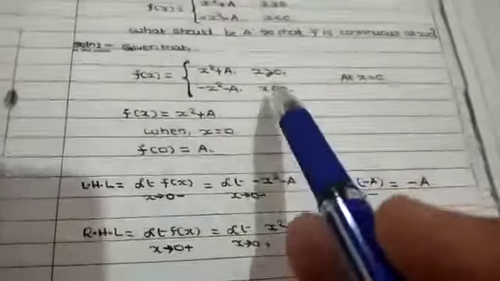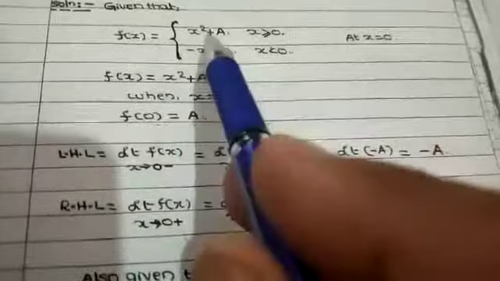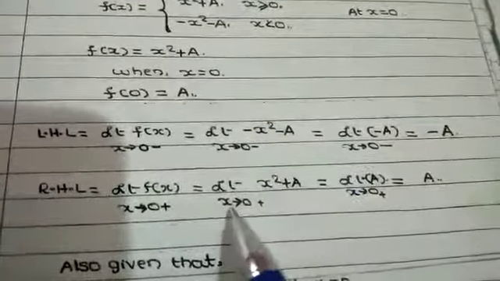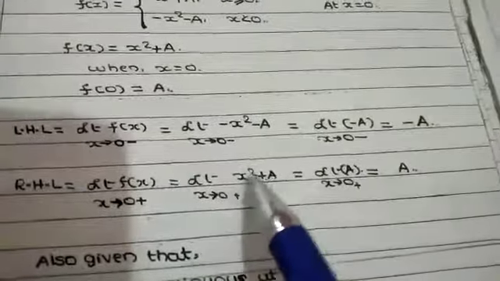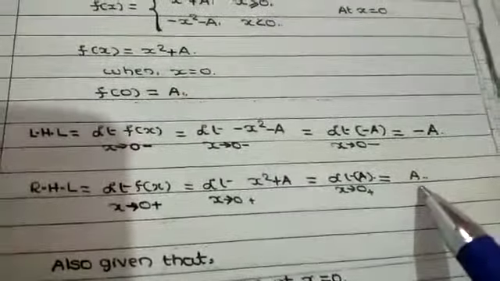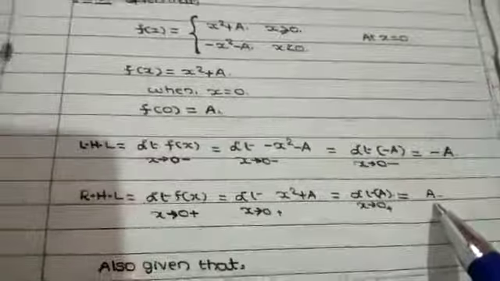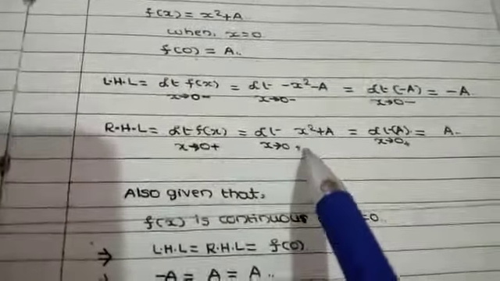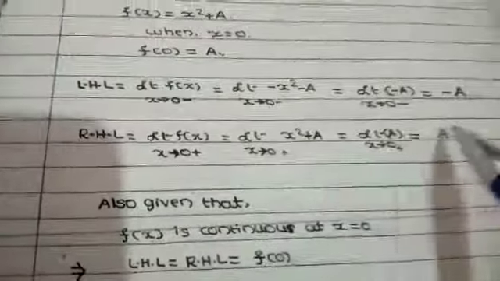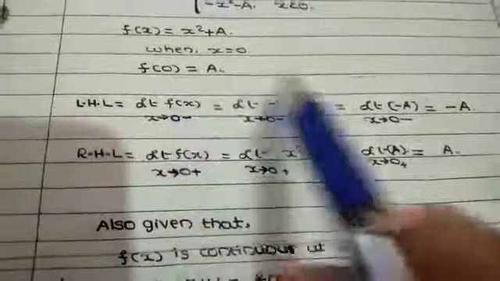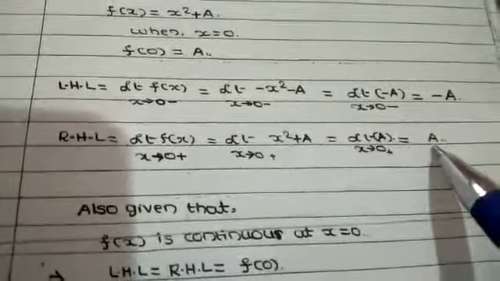For RHL, we consider x greater than 0, the function is x square plus a, limit x tends to 0 plus. If x itself is 0, again it is a only. Here no numerical terms are there, so I have not considered h tends to 0; both are the same. So this is the value at the given point, this is LHL and this is RHL.